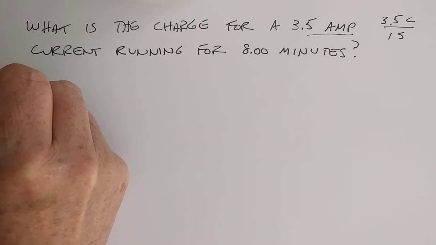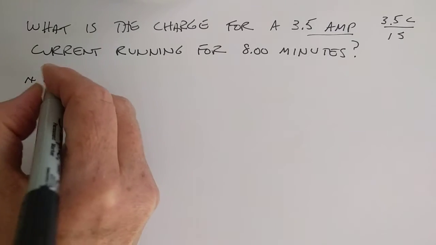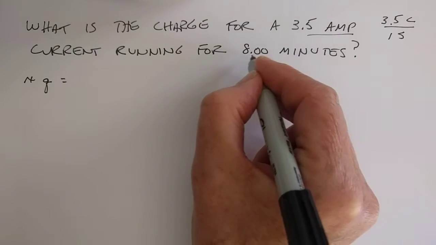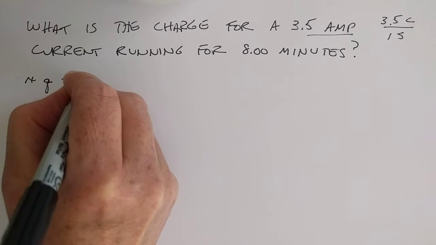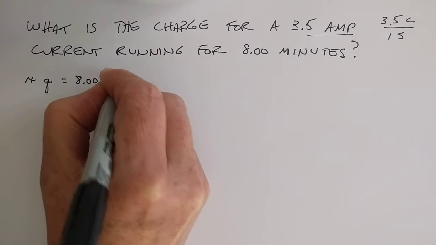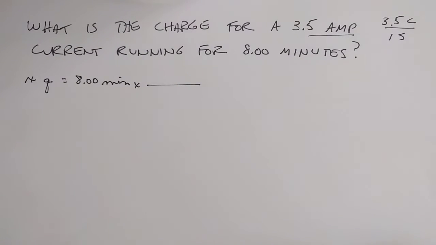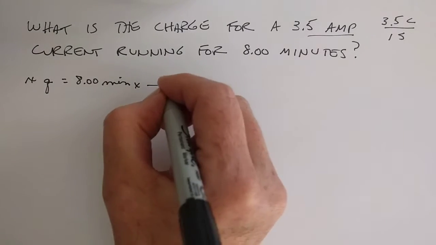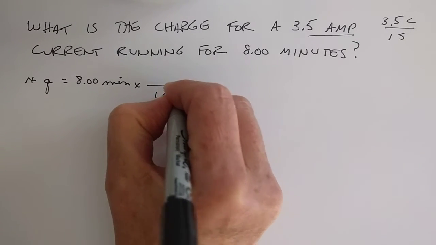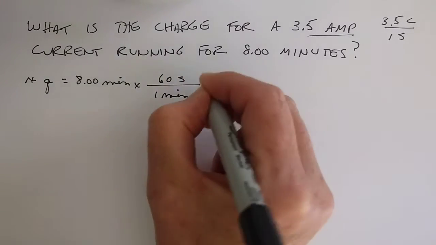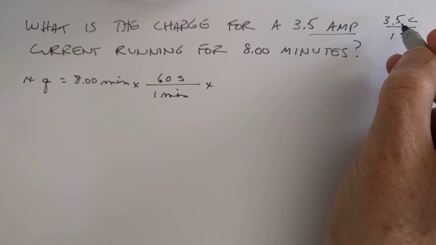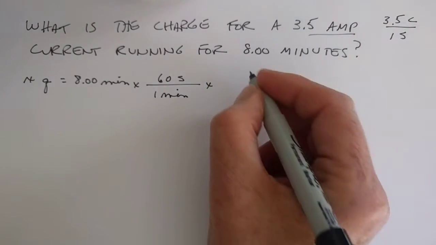So our quantity of interest is 8.00 minutes. Now we have seconds for our current, so we're just going to change those minutes to seconds. So 1 minute then is 60 seconds. And now we can use our current conversion factor.